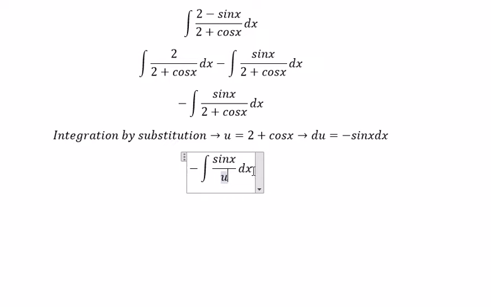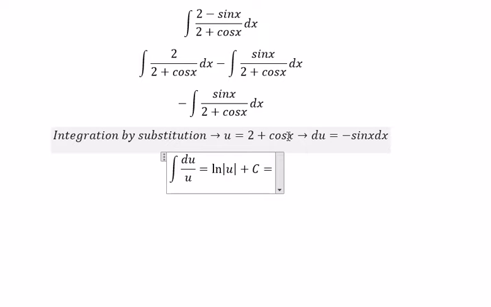Negative sin x dx, we change for the du. And this one, you will get ln of the absolute value of u. About u, we need to change back to 2 plus cosine x.